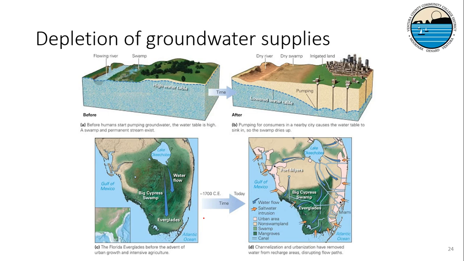Here's an example in Florida, where there's a huge amount of urban growth, and through imagery we can see that it used to be green and lush, and now after some urbanization and irrigation and all sorts of things, the river has been dried up. Because of all of the excess pumping to serve these communities, we can see quite a bit of difference here, with not as many swamps or not as much forest land and things like that.